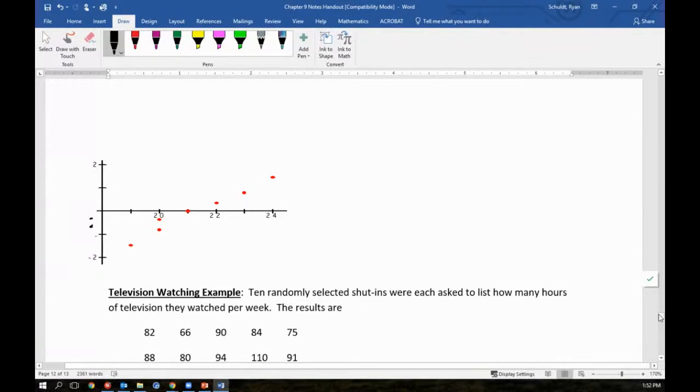What kind of plot is this? Anyone want to take a guess? We talked about them. What's that? Yeah, it's a type of scatter plot. We talked about it at the end of chapter 7.